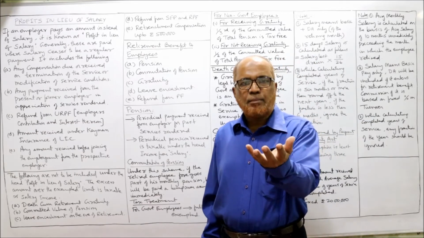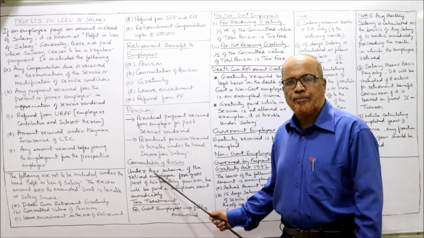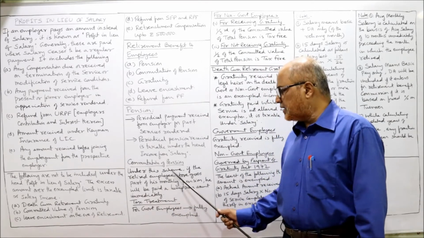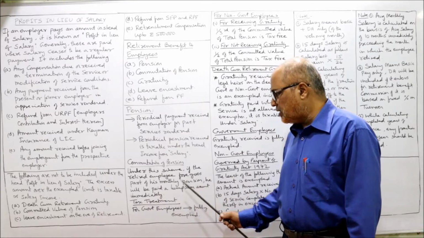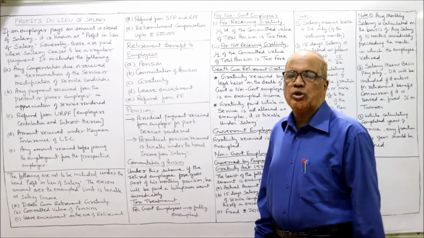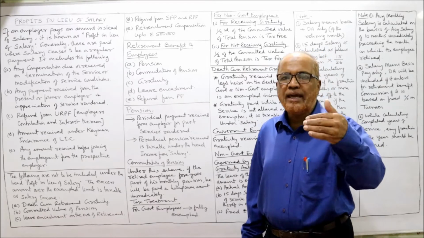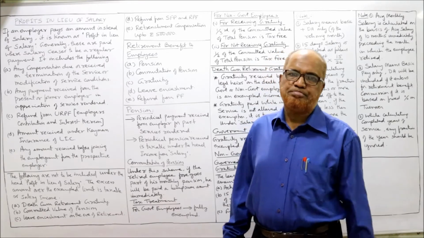Under this scheme, if the retired employee forgoes part of his monthly pension, he will be paid a lump sum immediately. That is called commuted pension.